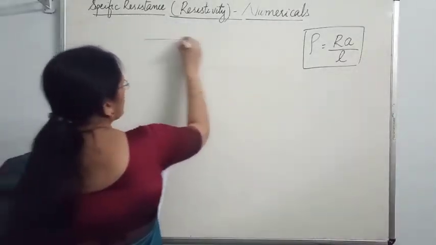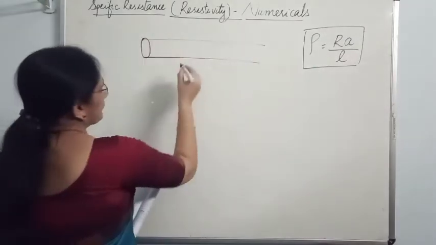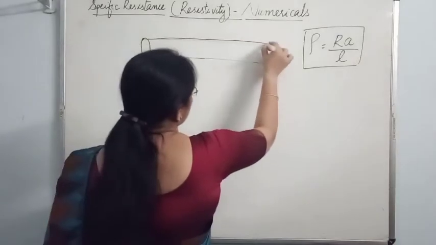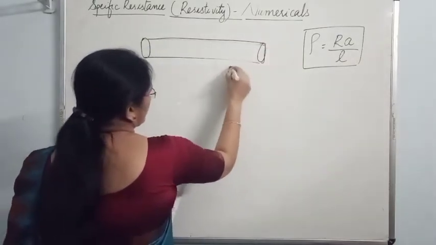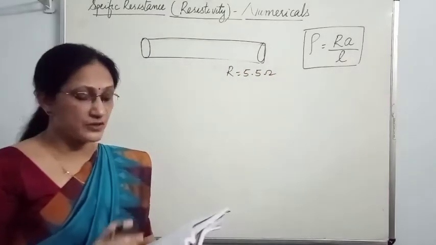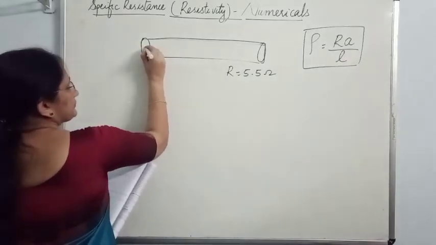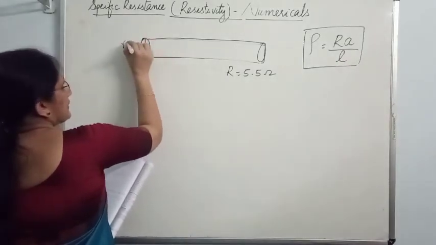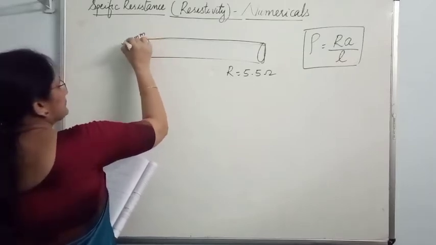A wire of resistance 5.5 ohm. Resistance of the wire is given and also radius. This radius is given as 1 millimeter.